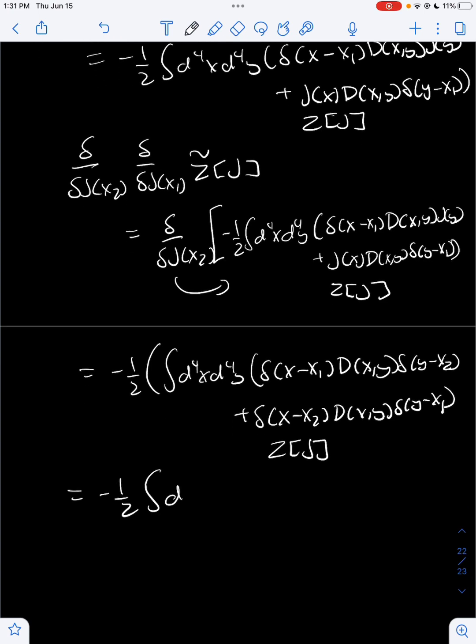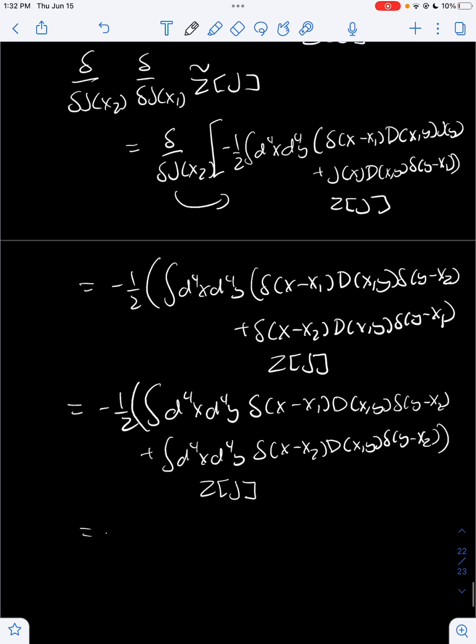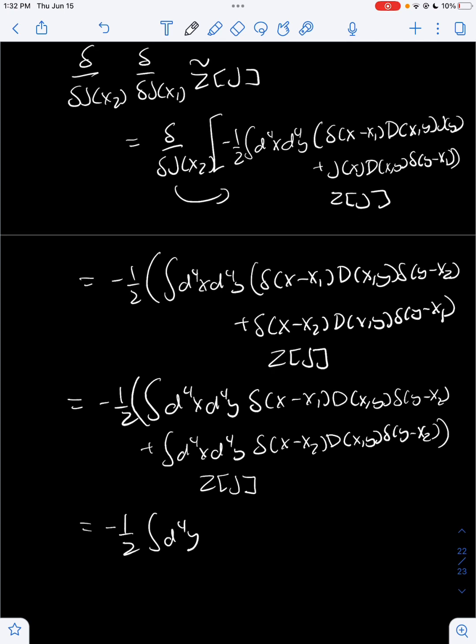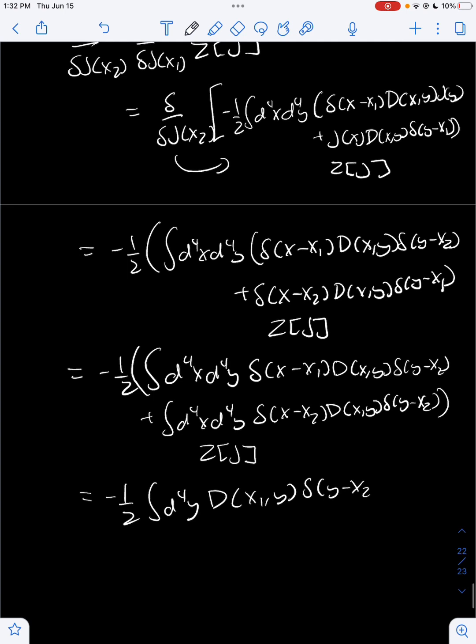So first of all, we can actually break these into two different integrals. We can take the integral over each variable. So the integral over x for the first integral, if you take that, we're actually going to have D(x1,y) delta of y minus x2, and then plus the integral, and then we're going to have D(x2,y) delta of y minus x2.